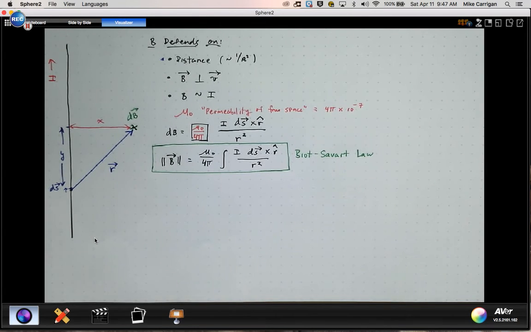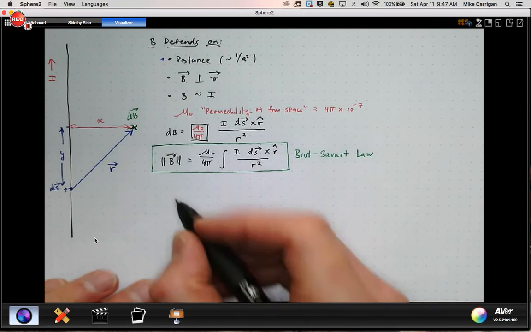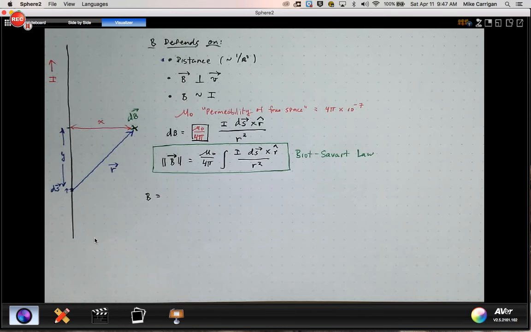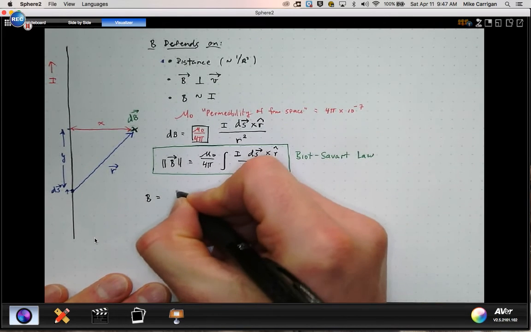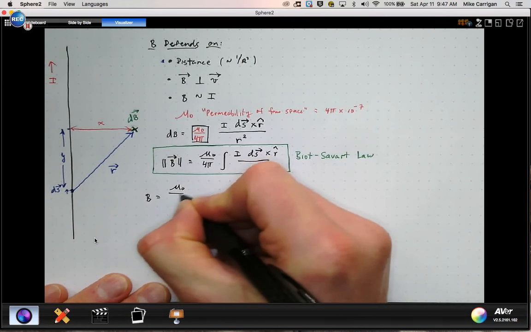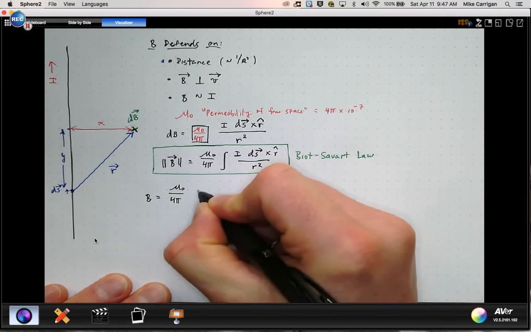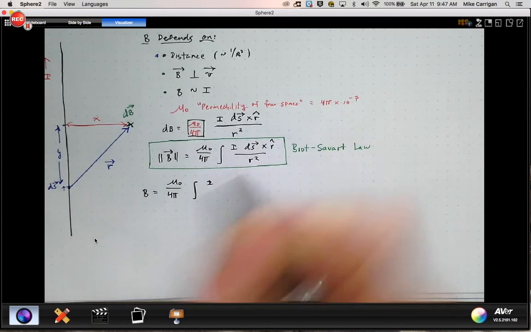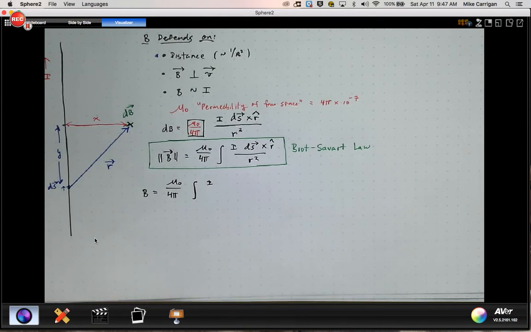So I'm going to go ahead and try to write this out. B, the magnitude of the magnetic field, is going to be equal to mu naught over 4 pi. And now I'm going to integrate I times ds cross r. Now, how am I going to write ds cross r? Well, the easiest way of thinking about this is by remembering that the cross product is multiplying perpendicular components.